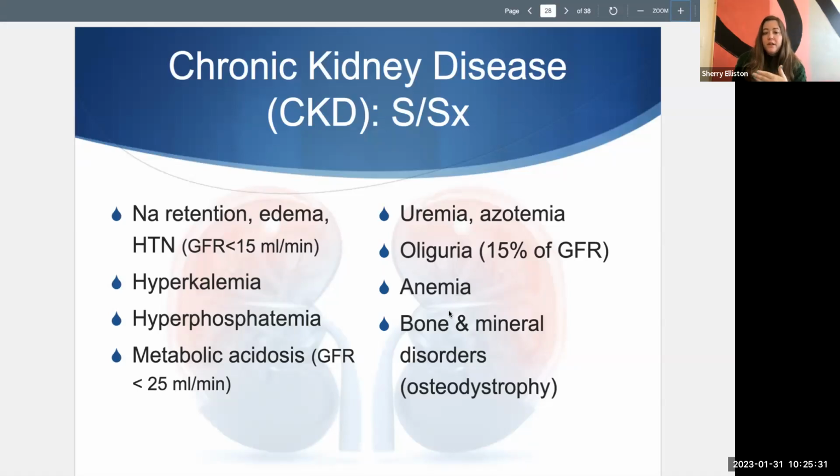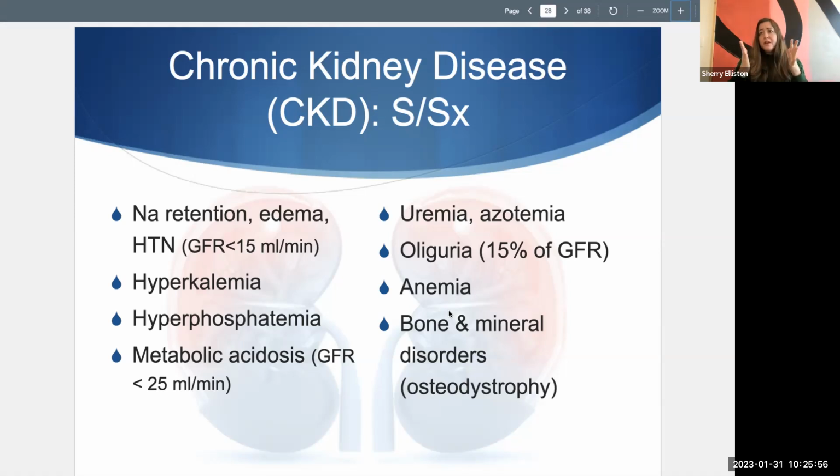And what they will present with is elevated values. So you'll see hyperkalemia, hyperphosphatemia. So the phosphate is not being balanced and cleared, and so it's elevated in serum. We may see some acidosis because of the importance of acid-base balance in the kidneys. You'll start to see the urine output decrease.